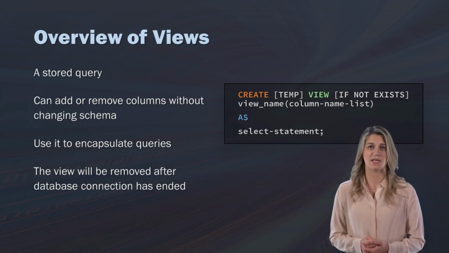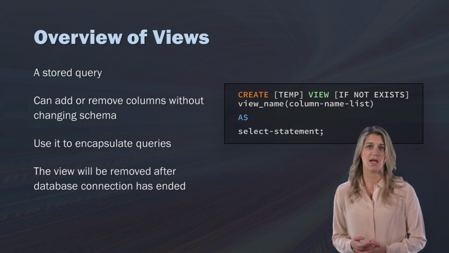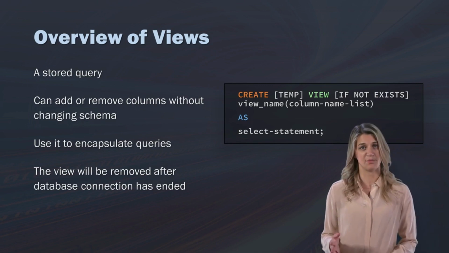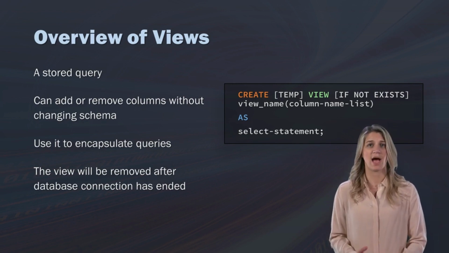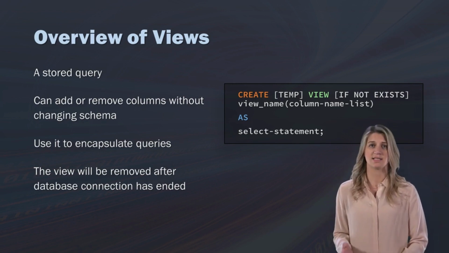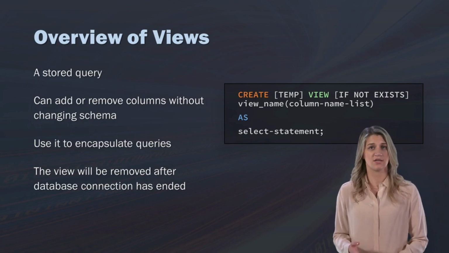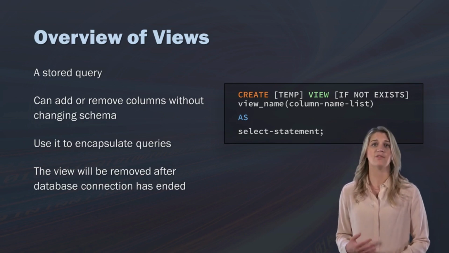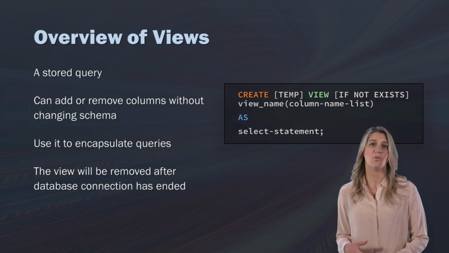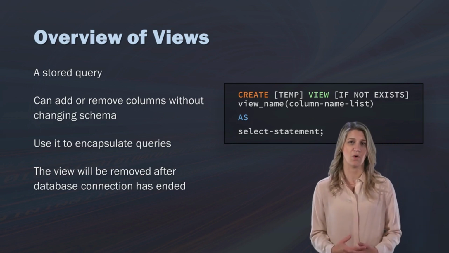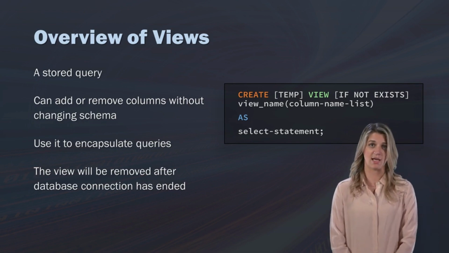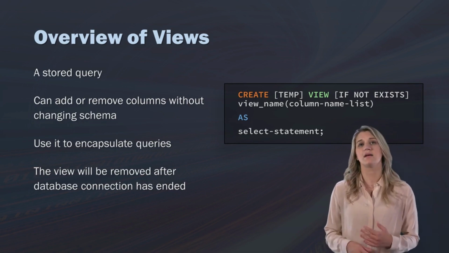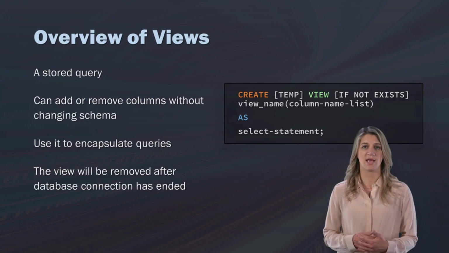The syntax for this is you're just going to create, and you can either specify a temporary view or just create a view. You can also add in if not exists, so if it doesn't already exist, then you have the view name and you state the conditions you want to go into the view. An important thing to remember with this, again, is the illusion that you're creating in the table.